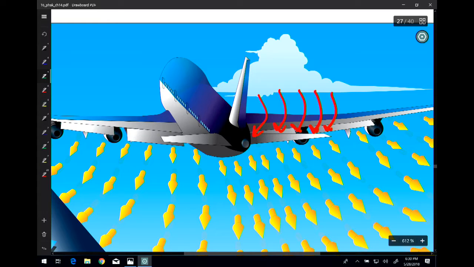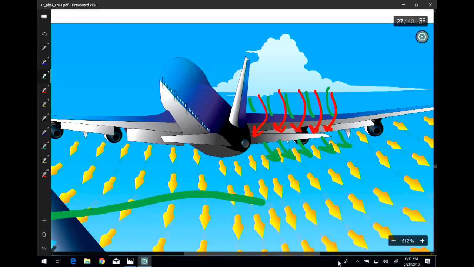And when that wind is flowing underneath the wing, it flows this way. It will flow away from the fuselage.